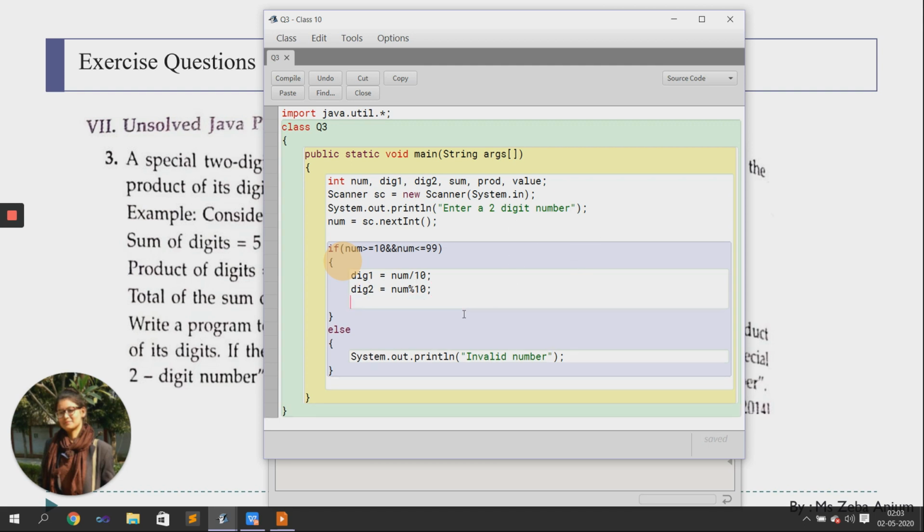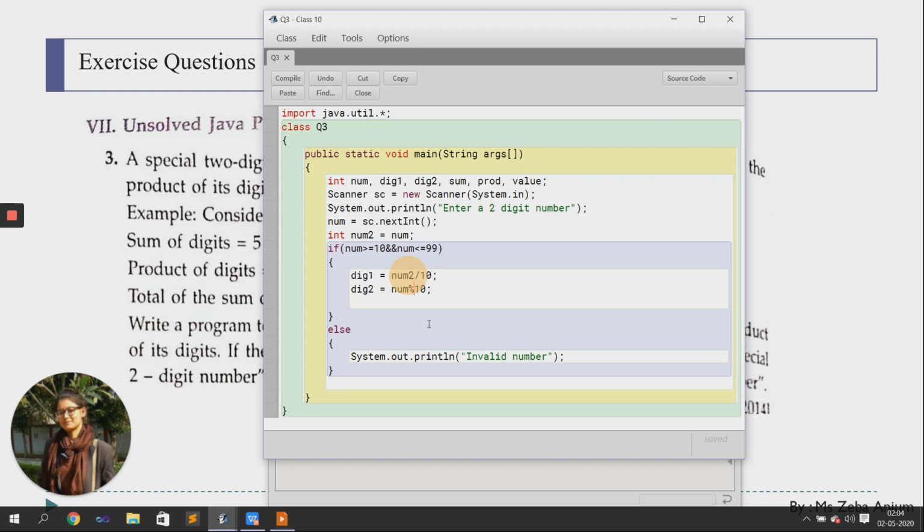Now calculate the sum. It is better to copy the same number into num2. Just use this num2 over there, because over here we are going to modify this number, and that should not be done. So let's go ahead.